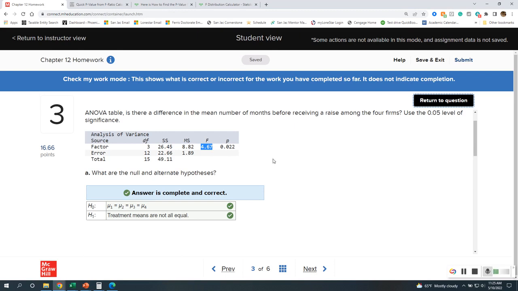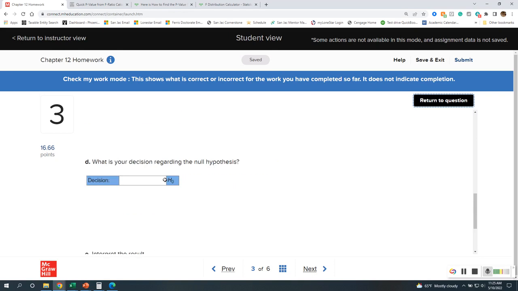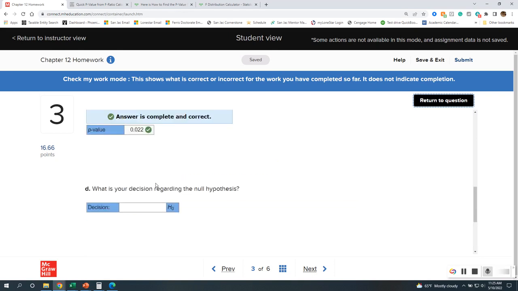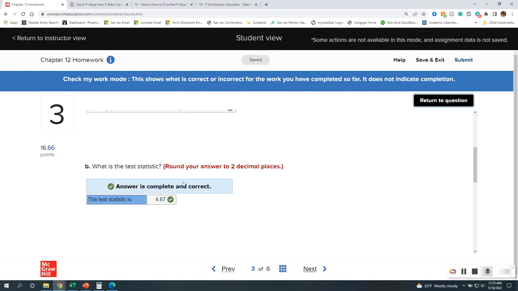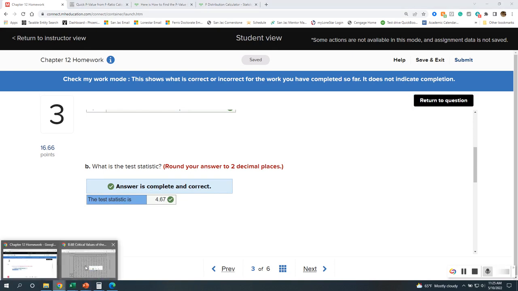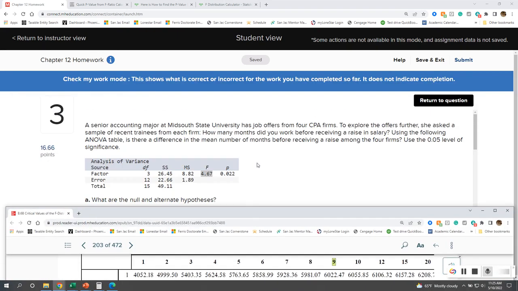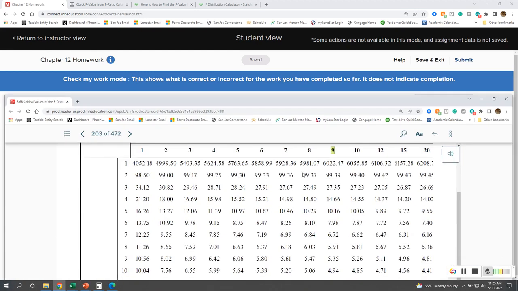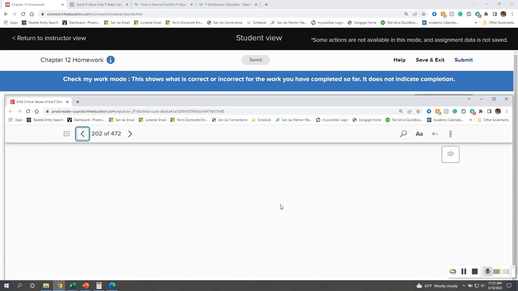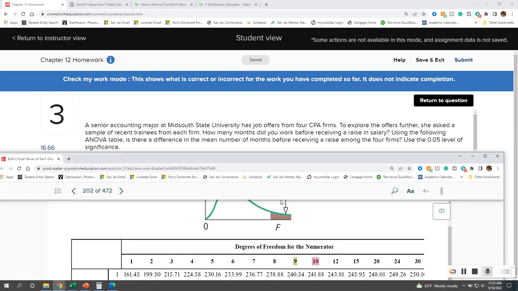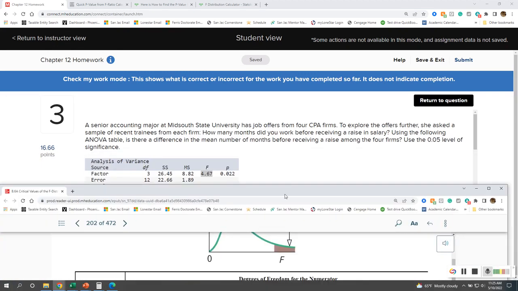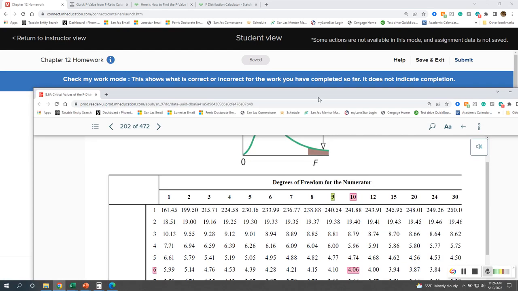But we still need to figure out what our critical F is to see if we reject or do not reject. So keep in mind 4.67 is our test statistic. So we've got to go to our table, and we were using 0.05. So we need to go to that table. There we go. And we have our degrees of freedom, 3 and 12.